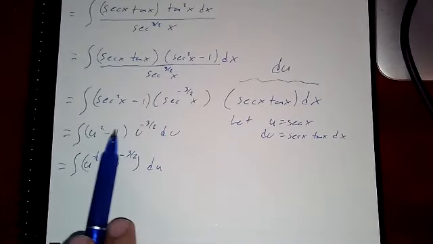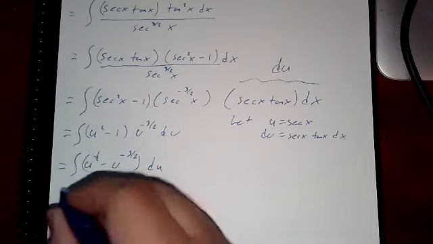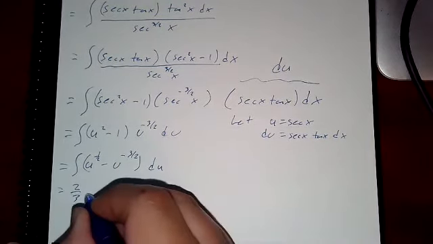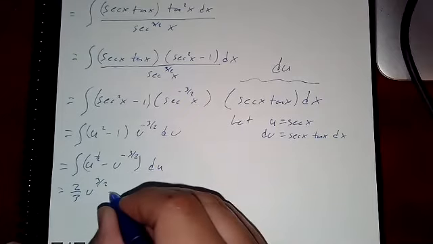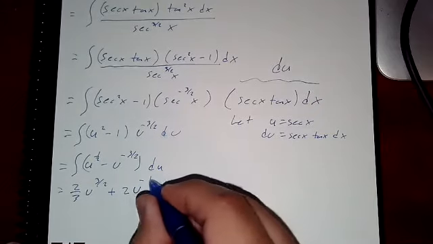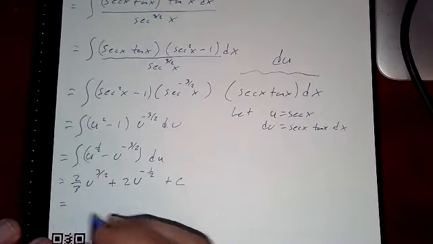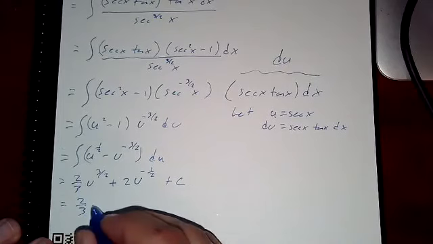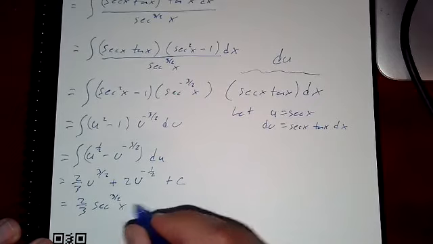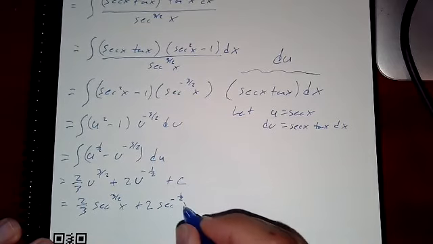After you distribute, you get here. Now, basic power rules, this would become what? 2/3 u to the 3 halves plus 2 u to the negative 1 half plus c, which will be 2/3 secant 3 halves x plus 2 secant negative 1 half x plus c.